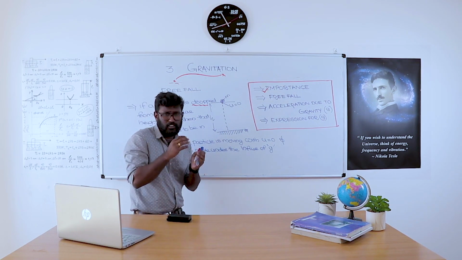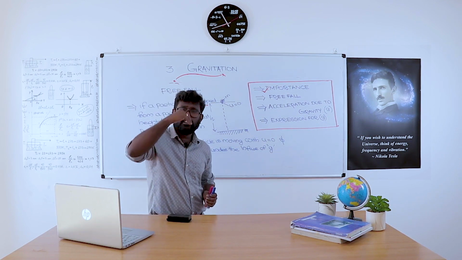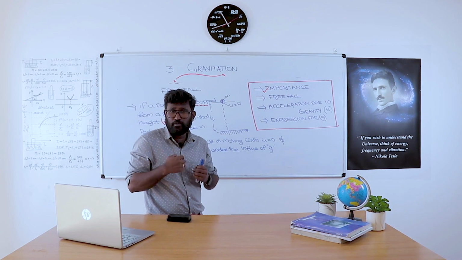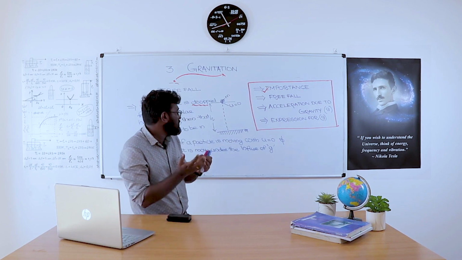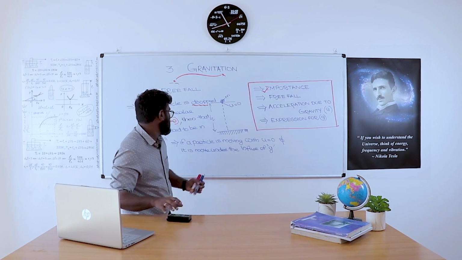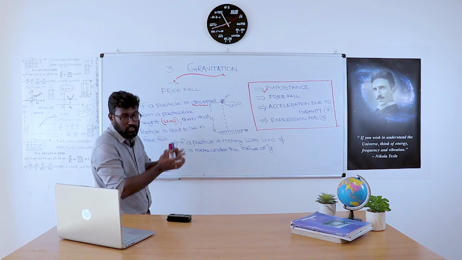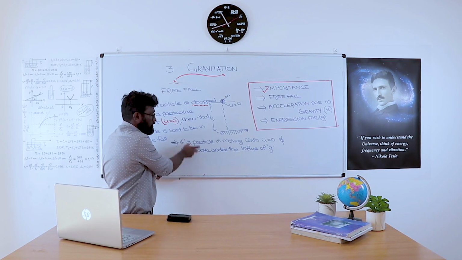So particularly, when a particle is dropped from a particular height, then it moves under the influence of acceleration due to gravity alone, and that particle is said to be in free fall. These two are the same condition.